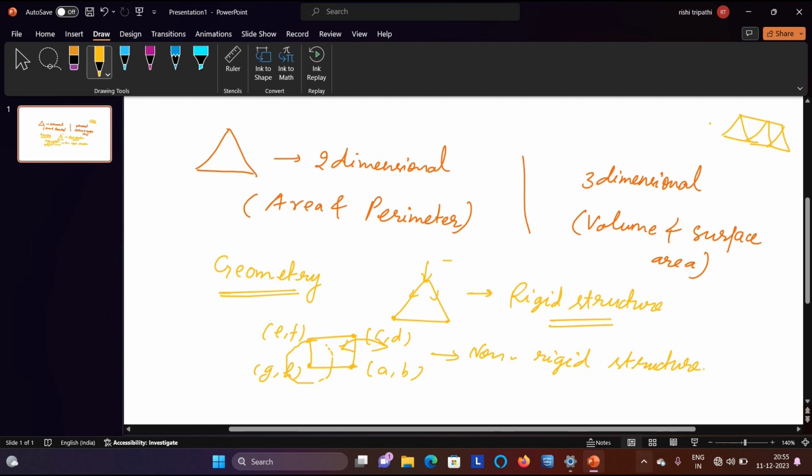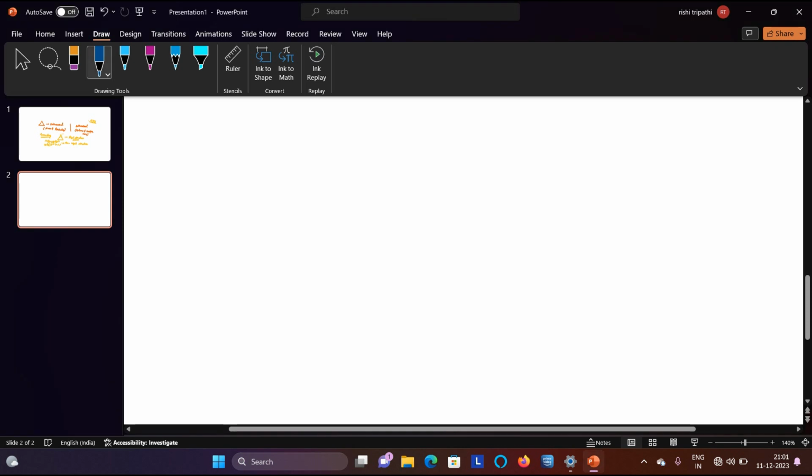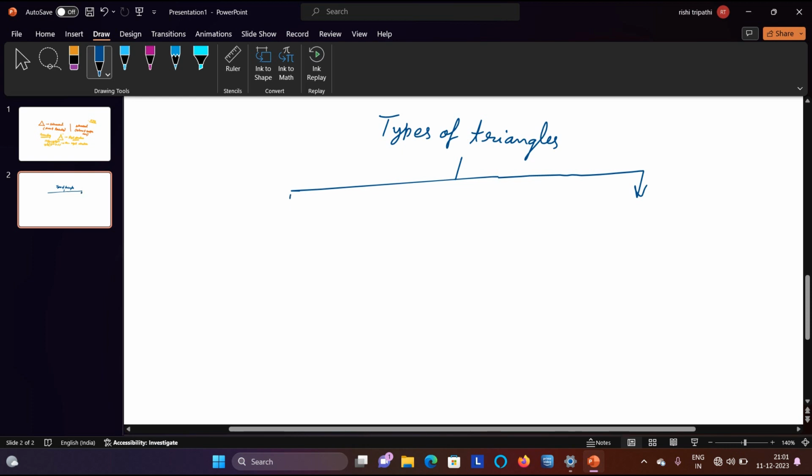Now we shall talk about the types of triangle. You can mark the heading types of triangle. You can divide the triangle on the basis of sides and on the basis of angles.